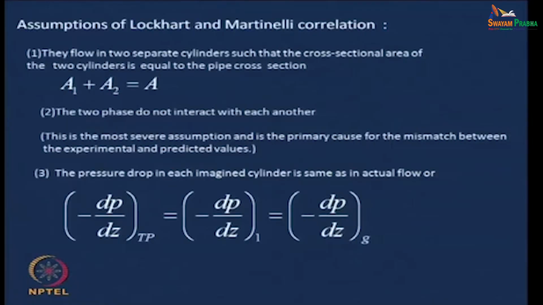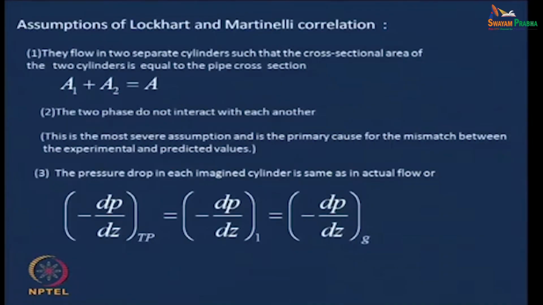Nevertheless, we take it because it guarantees simplicity, and within practical limits it gives a more or less accurate estimation of the frictional pressure gradient, particularly when the frictional pressure gradient is more important than the gravitational or the acceleration component.